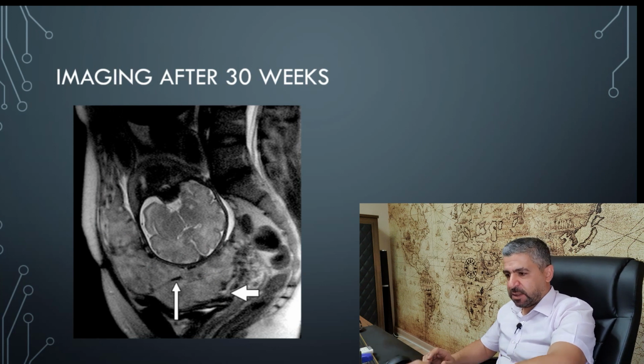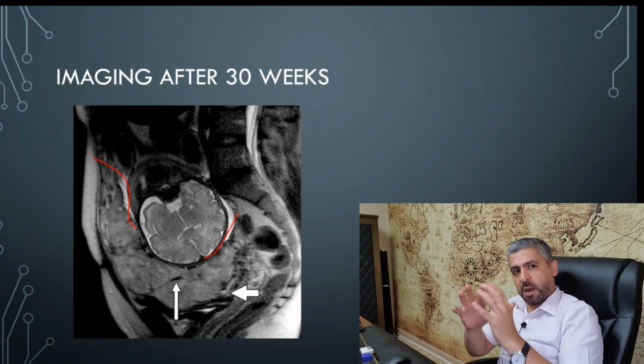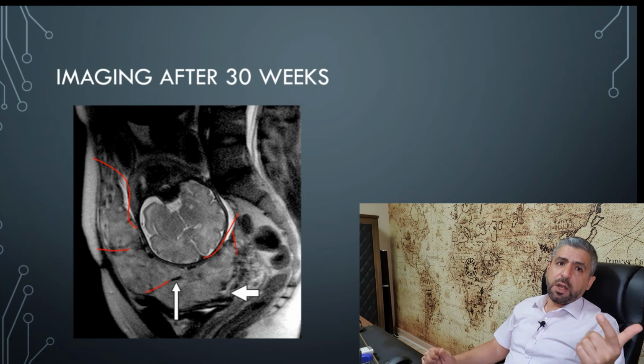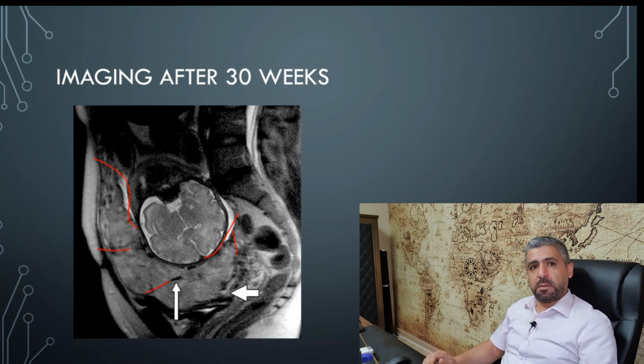The placenta is not very lumpy, the borders are not very rounded, and there are some T2 septa here and there, which should be normal in advanced pregnancy, placenta after 30 weeks. So the presence of placenta percreta was excluded.